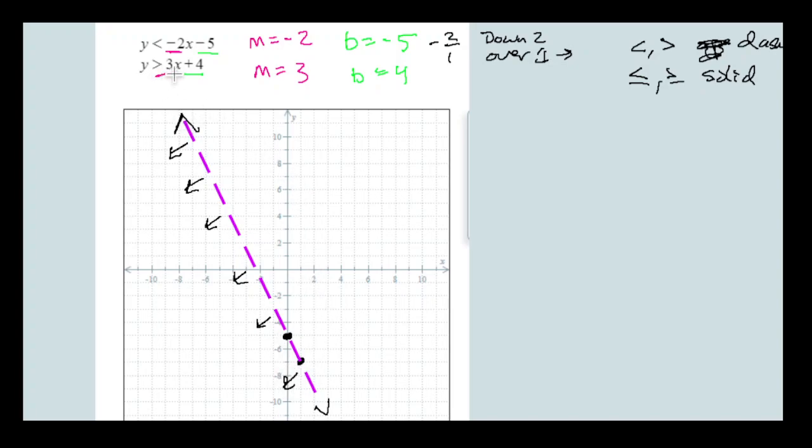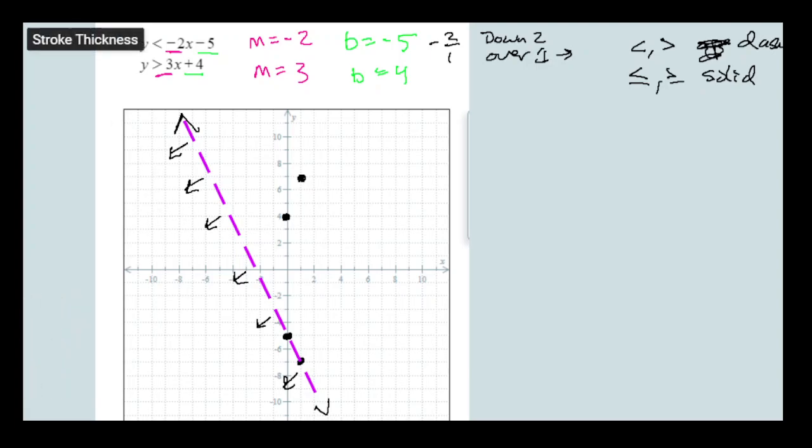And now we have y is greater than 3x plus 4, so let's plot 4, which puts me up here. Then we have my slope of 3, so it's up 3, 1, 2, 3, and then over 1. So you have a point right here. And then this is also dashed. So when I draw my line, I'm going to change the color to green.